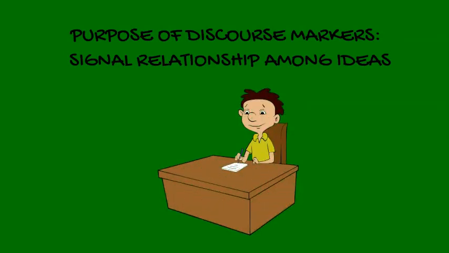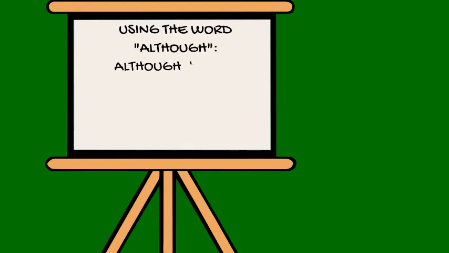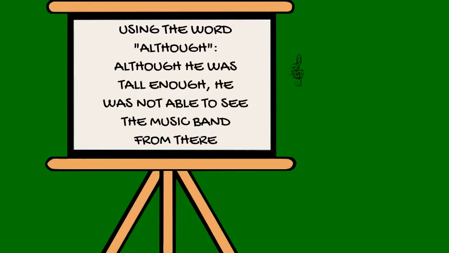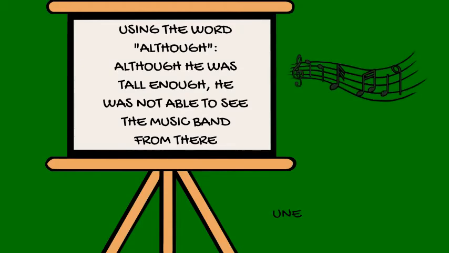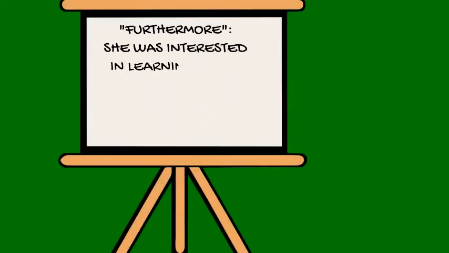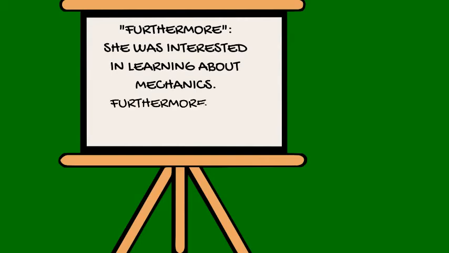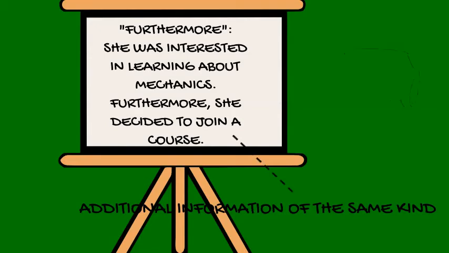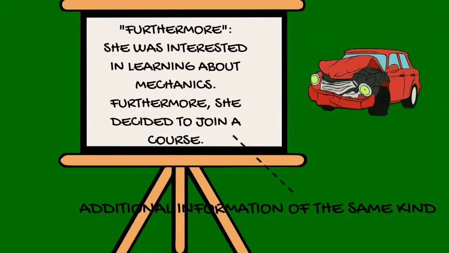Now, if a student knows the meaning of a word, for example, although, they will become more effective readers when they read this word because they will immediately expect to find a contrast in the following idea. The same happens with furthermore, for example, because this word comes and then you will find an idea that adds the same kind of information. So that's the way that they become more efficient readers.